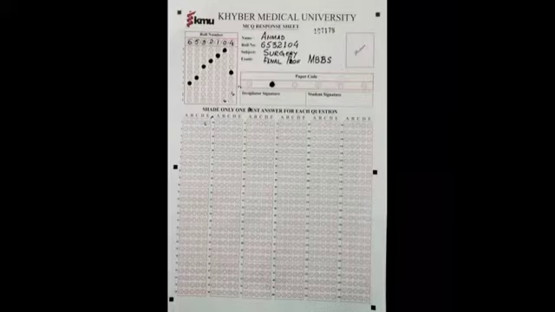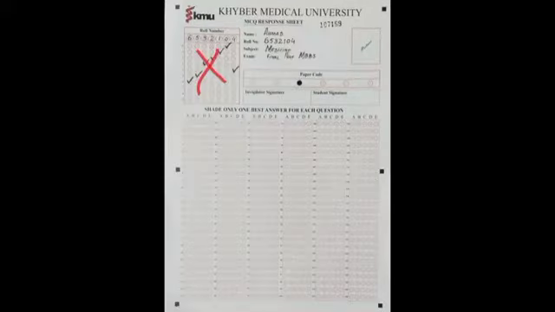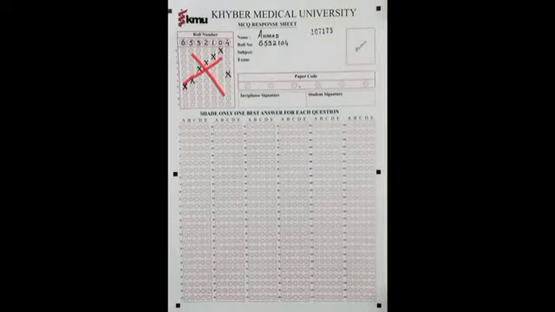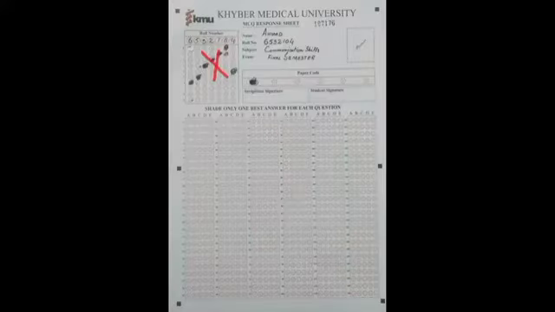Fill or shade the bubbles as completely and deeply as possible. Don't tick or slash or cross the bubbles. Don't leave them blank or half shaded or partially filled. Stay within the bubbles. Never cross the lines of the bubbles.